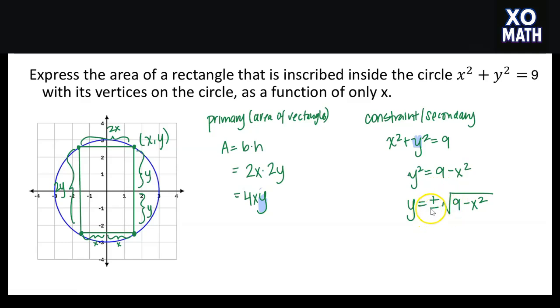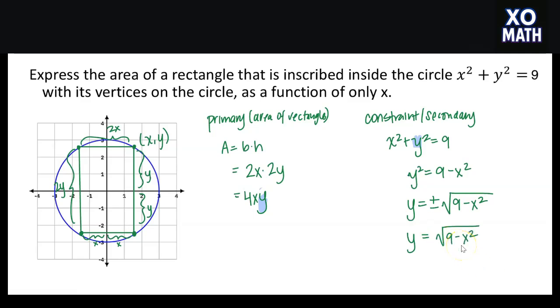Let's remember that the reason the two parts come out, plus or minus, is because the positive part represents the top of the circle and the negative part represents the bottom of the circle. So we're going to choose the positive one. We chose our point to be on the top of the circle, so we're going to let y equal the square root of 9 minus x squared.